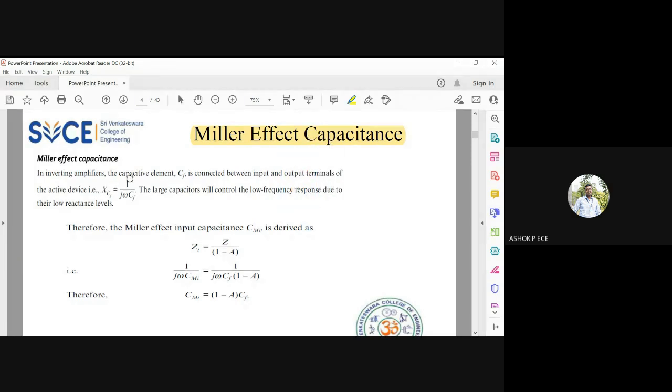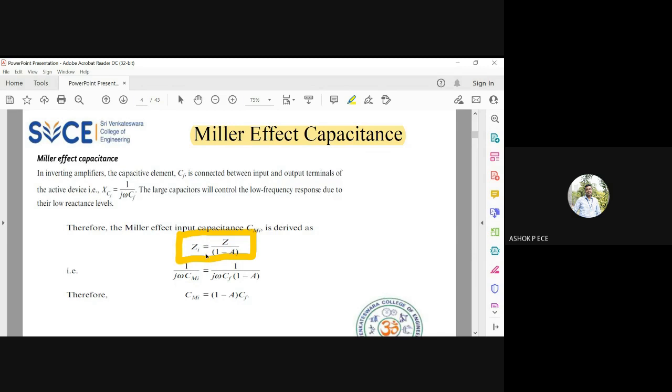So the reactance is 1 by j omega CF. At low frequencies, this reactance will become very large. It will be an open circuit. So in the low frequency response, all these capacitors will be silent. In the high frequency, the reactance will become very, very small. It will tend to zero, which means you will have a short circuiting effect. So if I apply Miller's theorem, I get at the input side Zi equal to Z by 1 minus A. I am applying the formula we have seen in the previous diagram.